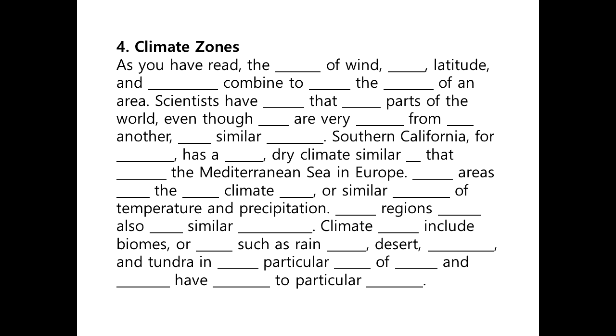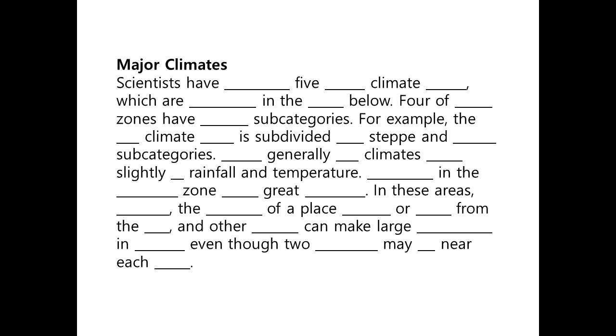Climate zones include biomes, or areas such as rainforest, desert, grassland, and tundra, in which particular kinds of plants and animals have adapted to particular climates. Major climates.